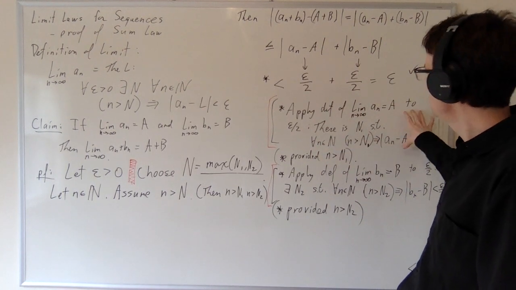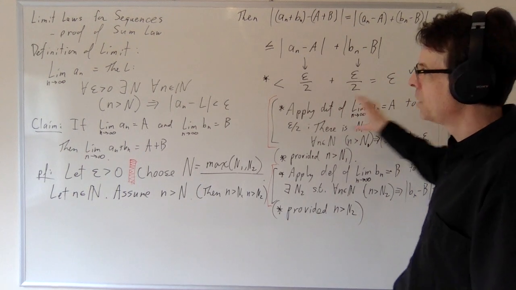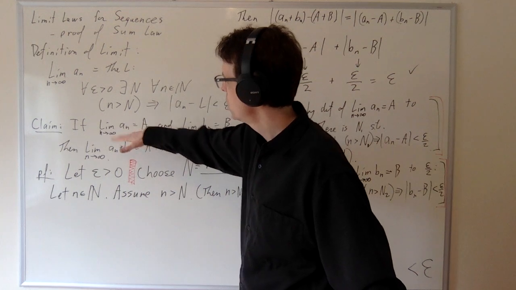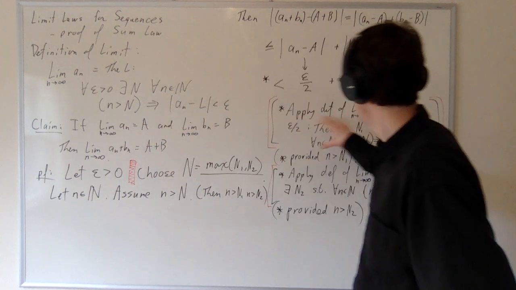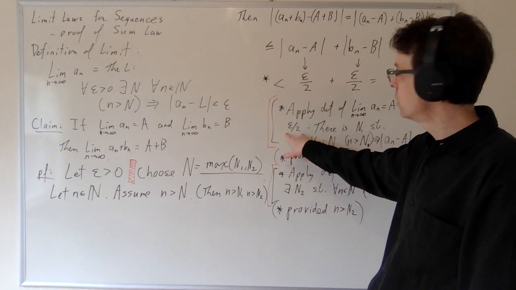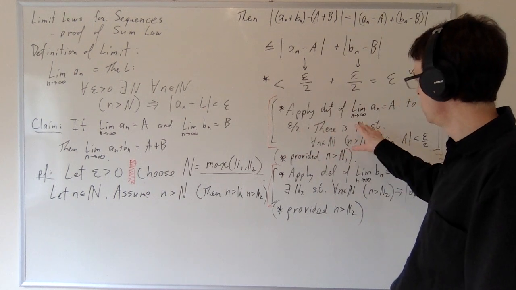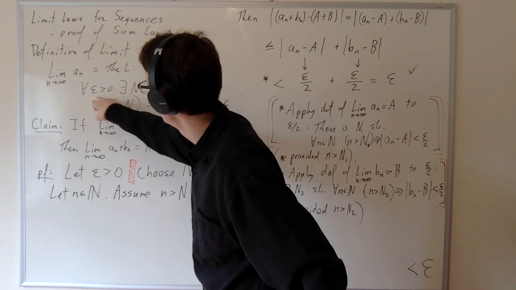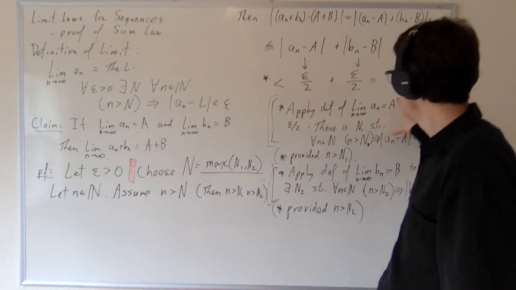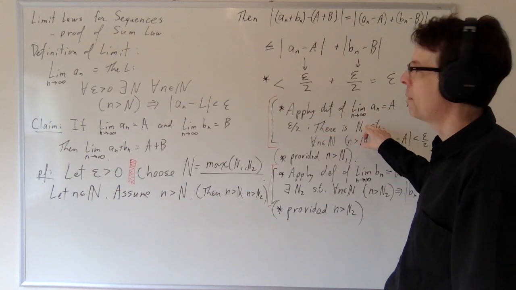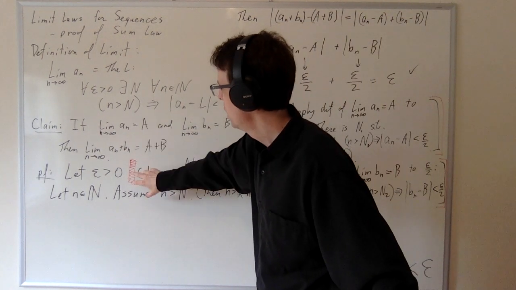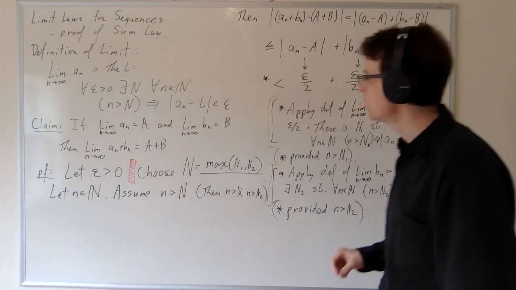So we're only using here information about the limit of an going to a, which is assumed to be true, and the particular value of epsilon over 2 in order to decide the value cap n1 by means of the definition of the limit here. That's the only thing we're using to choose cap n1. It's the definition of the limit, the assumption that an goes to a, and the particular value of epsilon.